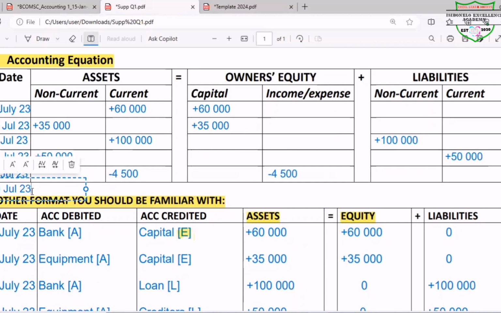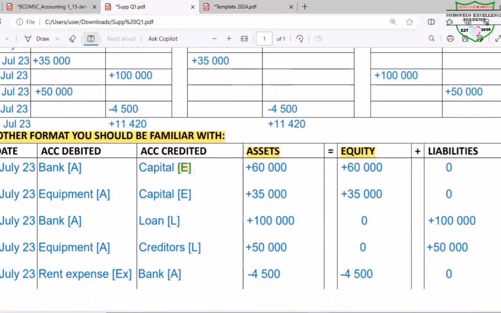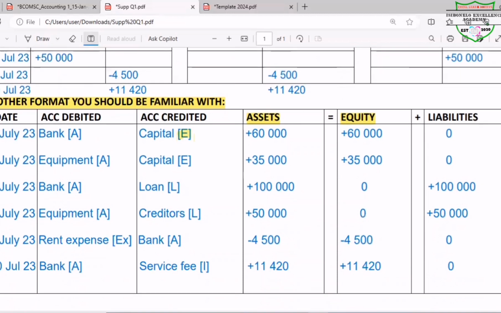So we go to the current asset column and we add 11,420. And then in the owner's equity section, we have an income account. Service fee is an income account. So income increases the value of equity. So we add 11,420. So guys, this is how we prepare the accounting equation.